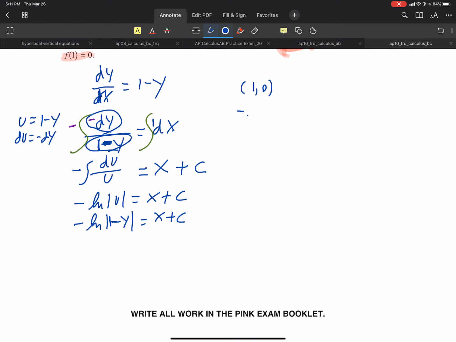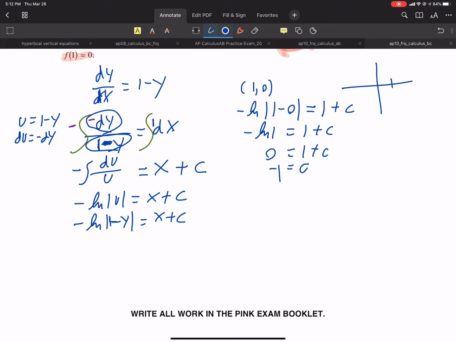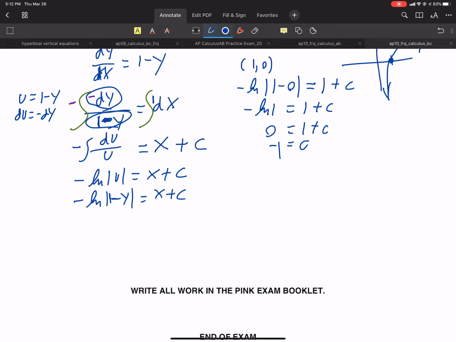So we're going to get minus ln of 1 minus 0 equals 1 plus c. Well, what's the ln of 1? You all should know ln of 1 is 0. So c equals negative 1. Remember, ln function looks like that. Ln of 1 is 0, just a reminder.